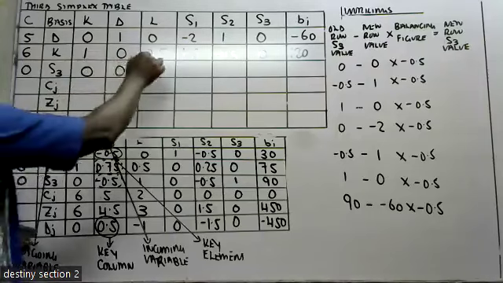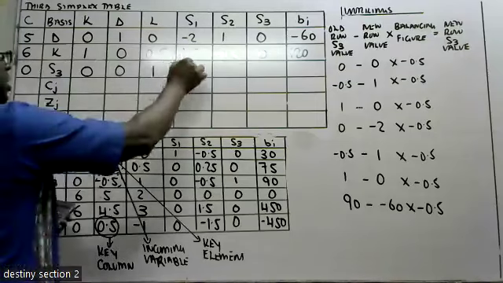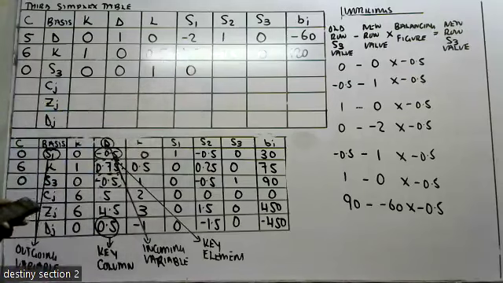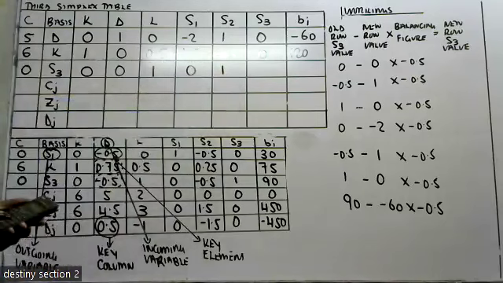This is 1. Minus 0.5 minus 1 times minus 0.5, 0. This is 1. There is somewhere I have made a mistake.